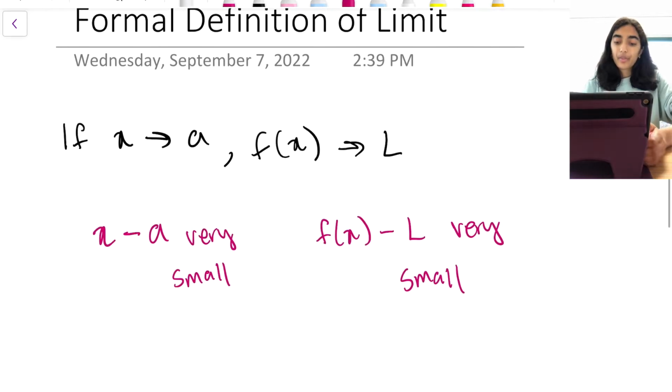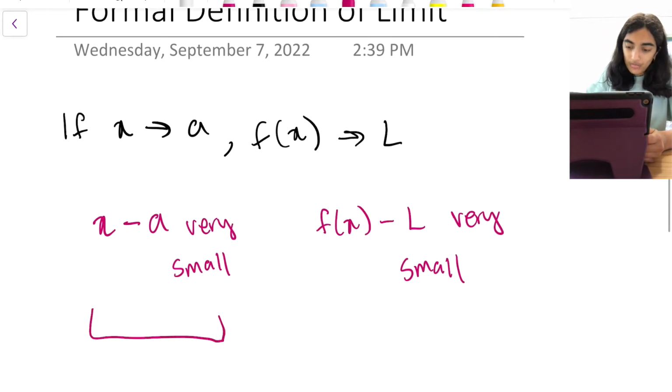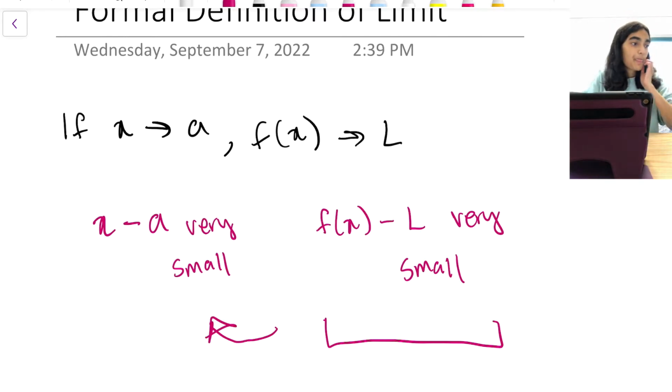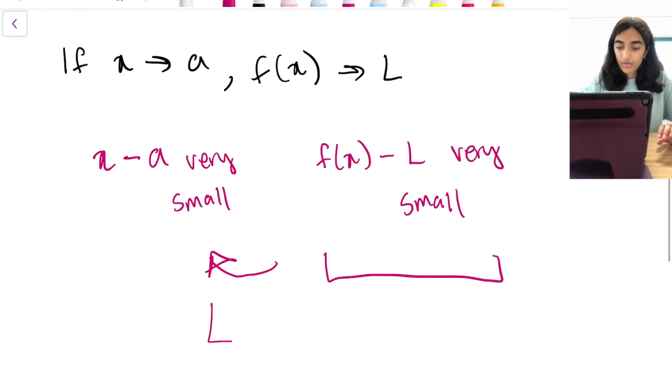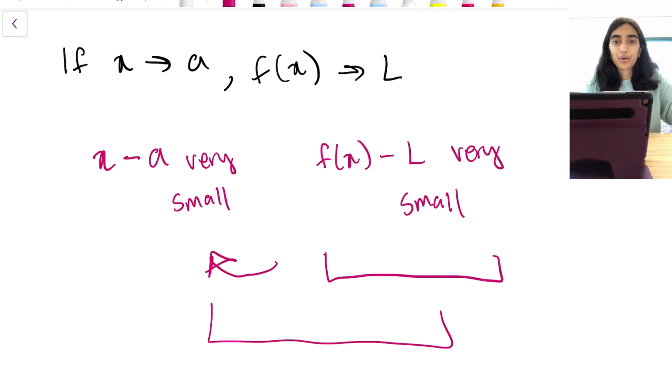When both of these values are very small, then we say that we've taken the limit of f of x as x approaches a.